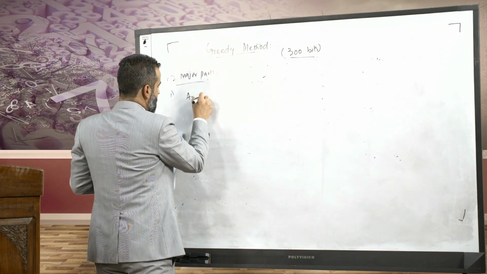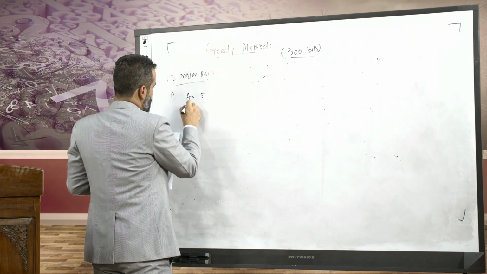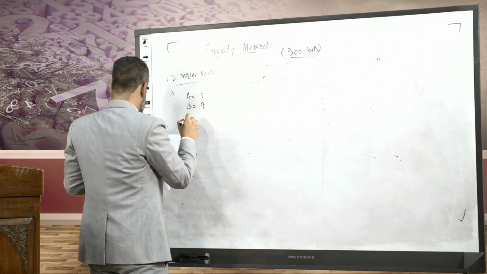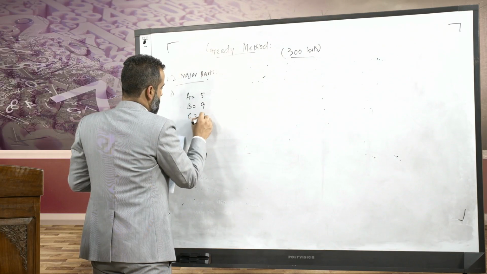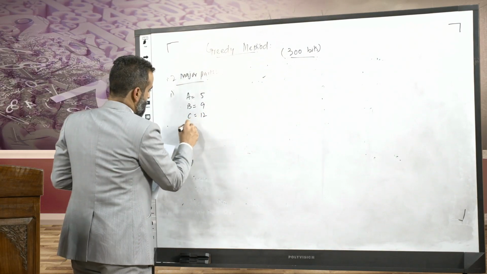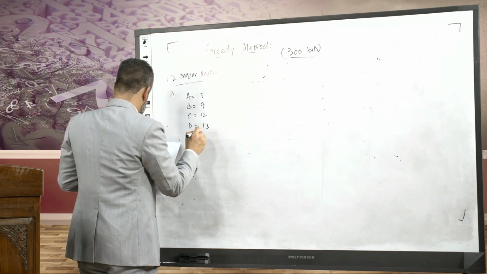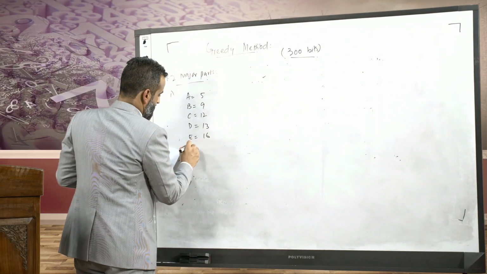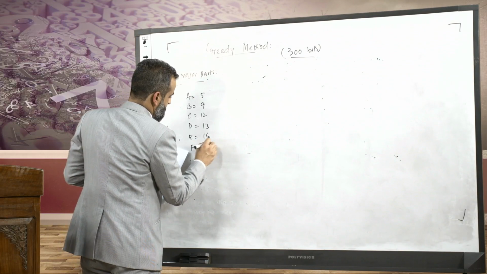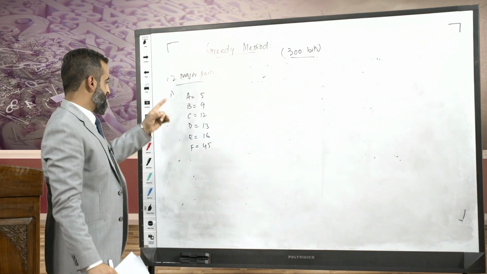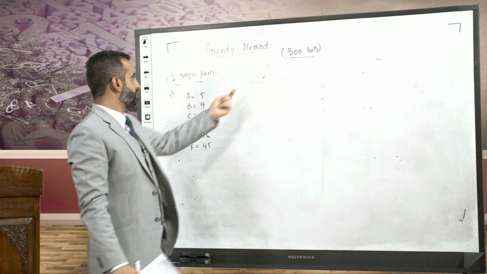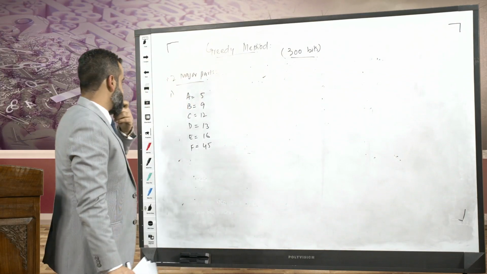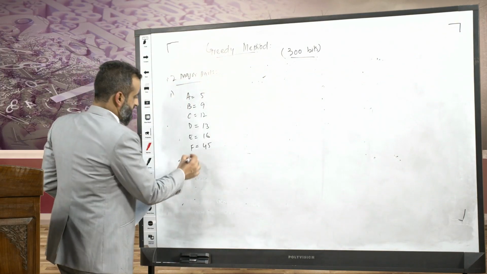A had 5 occurrences, B had 9, C had 12, D had 13, E had 16 and F 45. In the same example using 3-bit code we needed 300 bits. So this is my heap.